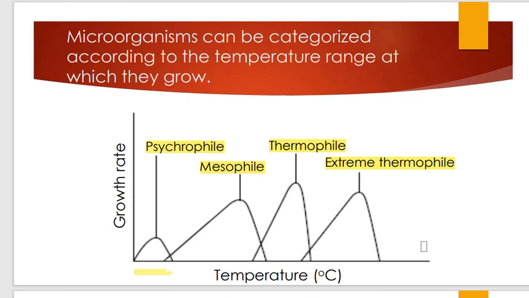So they can grow at 50 to 80 degrees Celsius. And lastly, we have extreme thermophiles or hyperthermophiles, which are extreme heat loving microorganisms. So these microorganisms can grow at greater than 80 degrees Celsius. So again, those are the different categories of microorganisms based on their optimum temperature requirement for growth.